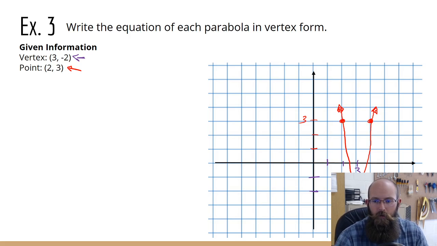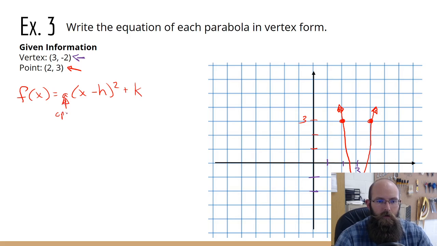So because I know of both of these dots, I do know some about my equation. I'm going to first write down the general form, the vertex form, of a parabola. I know my a value because I know I open up. So f of x equals a, I know it's going to be a positive number.